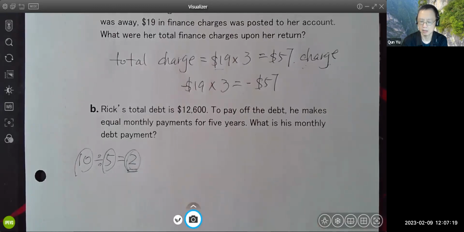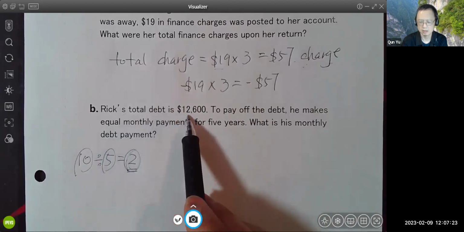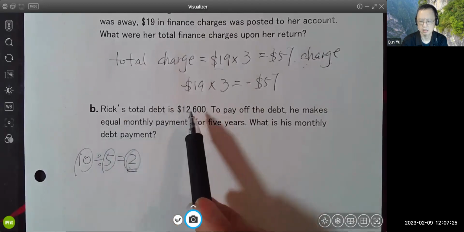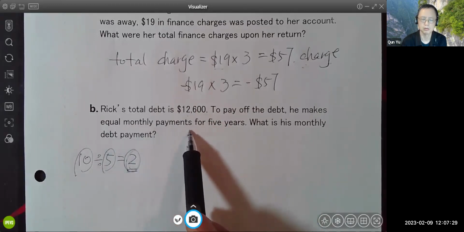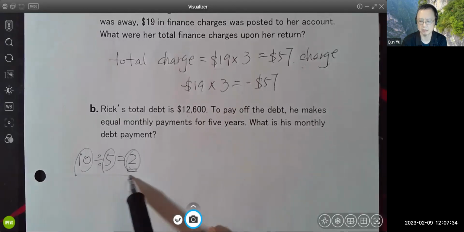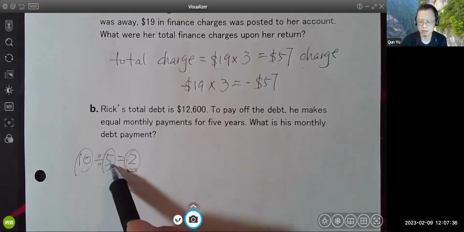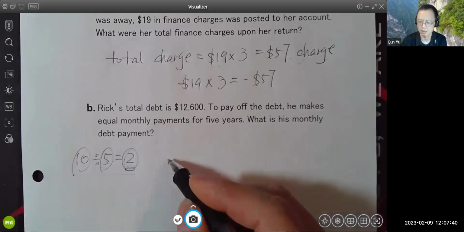We know that makes sense. In this case, Rick will divide this total debt into 60 equal parts, 60 months. So we want to know the monthly payment, that's 1 part. This is the exact same scenario. 5 parts, 60 parts, we need to divide by 60.